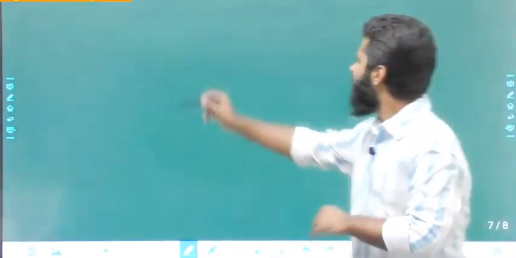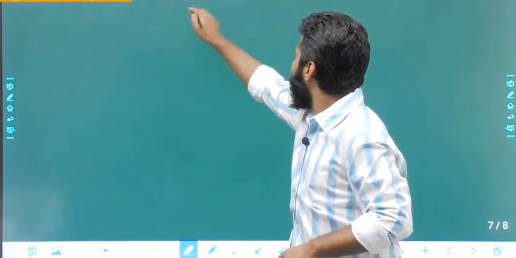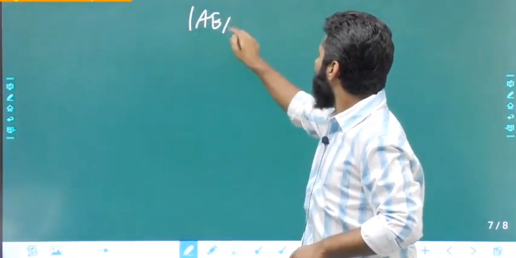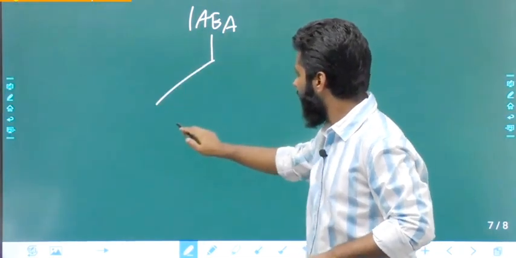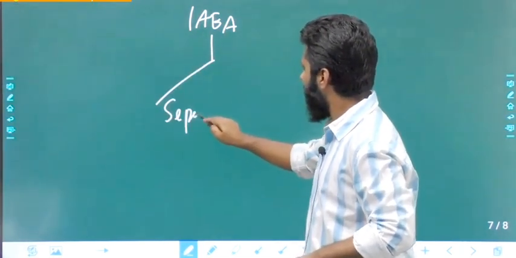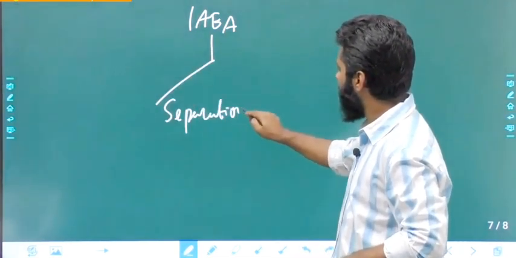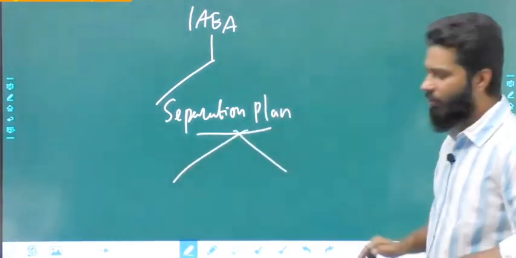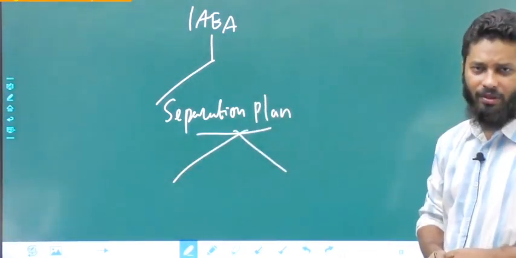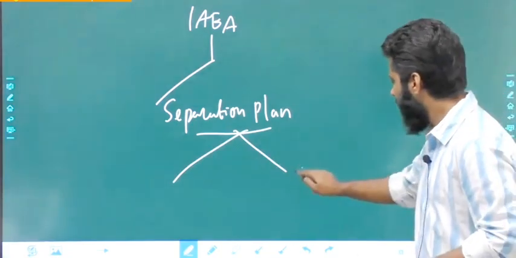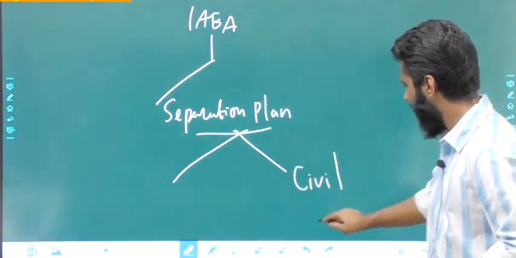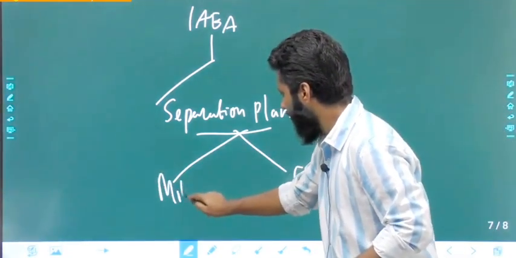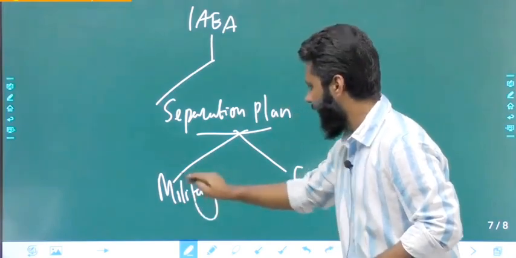So what did the IAEA say? The IAEA said that India shall go for a separation plan. What do you mean by a separation plan? You separate your nuclear reactors or your nuclear sites on the basis of their use. Either it is civil or it is military.